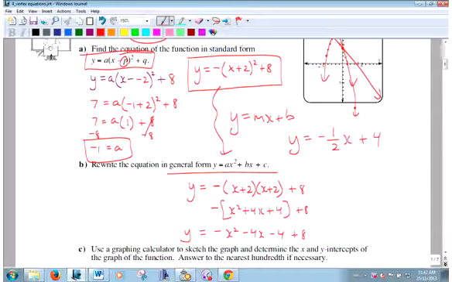And I could probably do one more thing. What's that? Yeah, collect like terms. Minus 4 plus 8, that's plus 4. So y is, in this form, minus x squared minus 4x plus 4, okay, ax squared plus bx plus c. That's general form.